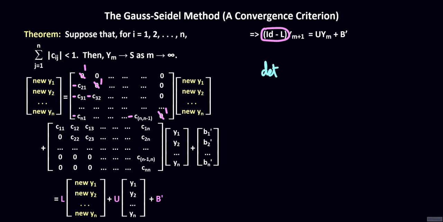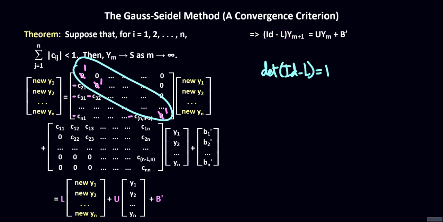As a result, the determinant of the identity matrix minus L is 1, because being triangular, its determinant is the product of the diagonal entries, which are all equal to 1. And since its determinant is not equal to 0, the identity matrix minus L is non-singular or invertible.